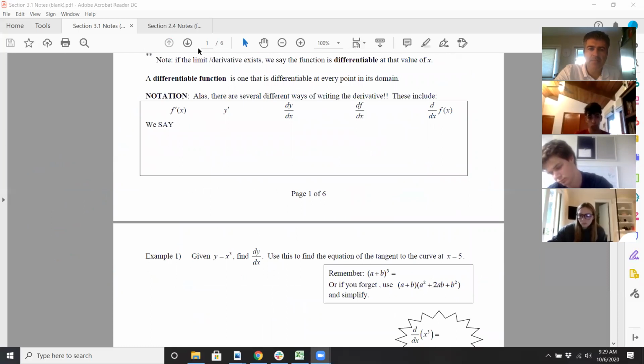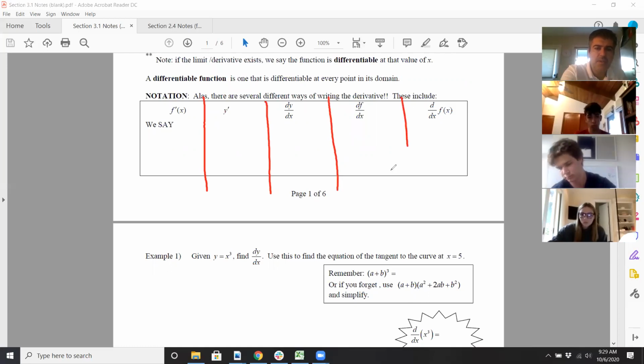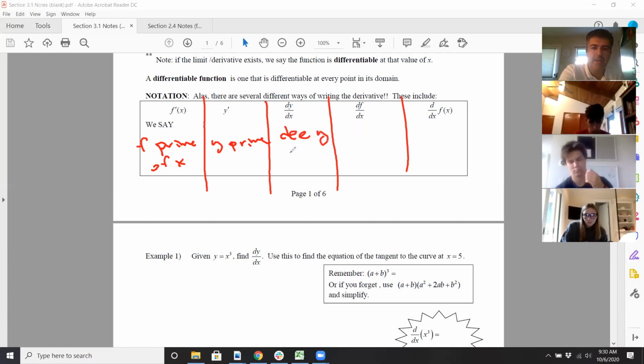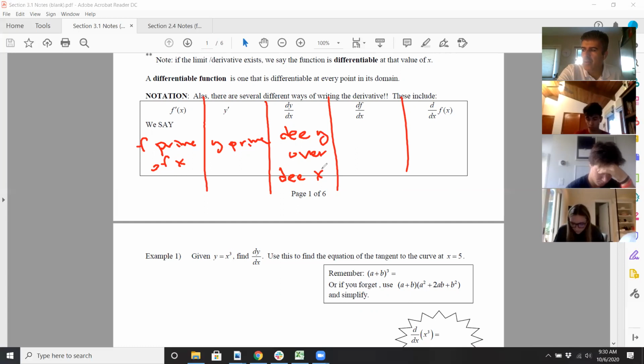So again, let me just do little partitions. We say this is f prime of x. We call this y prime. Now this is kind of funny. We call this, I'm going to write phonetically, dee y over dee x, dy over dx.